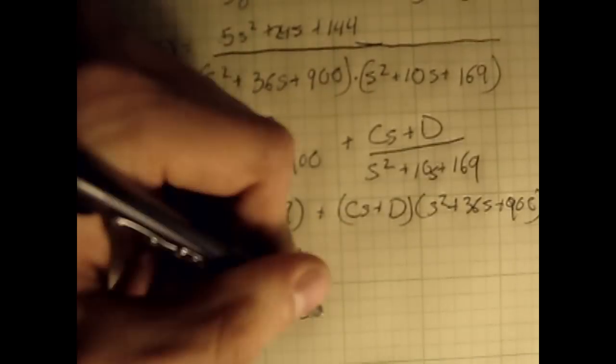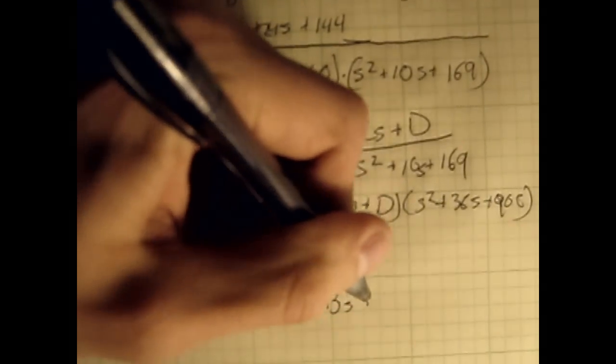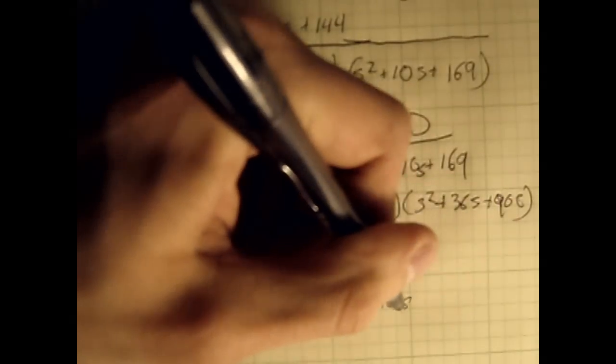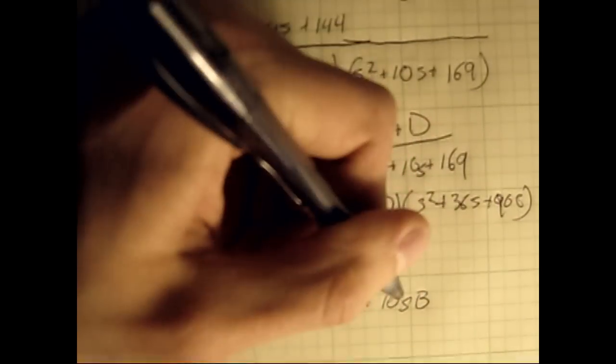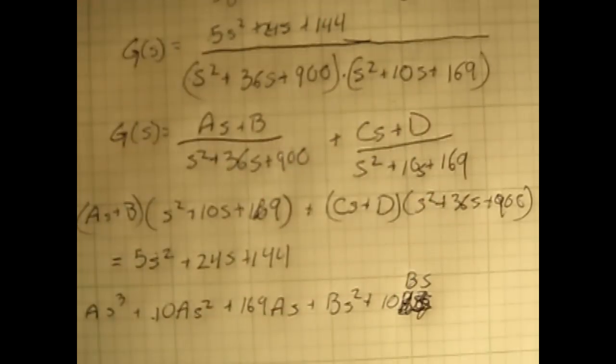Now for the b terms, we'll have plus bs squared plus 10sb. No, I want to write bs. Whatever, bs, there we go. And finally we'll have plus 169b.